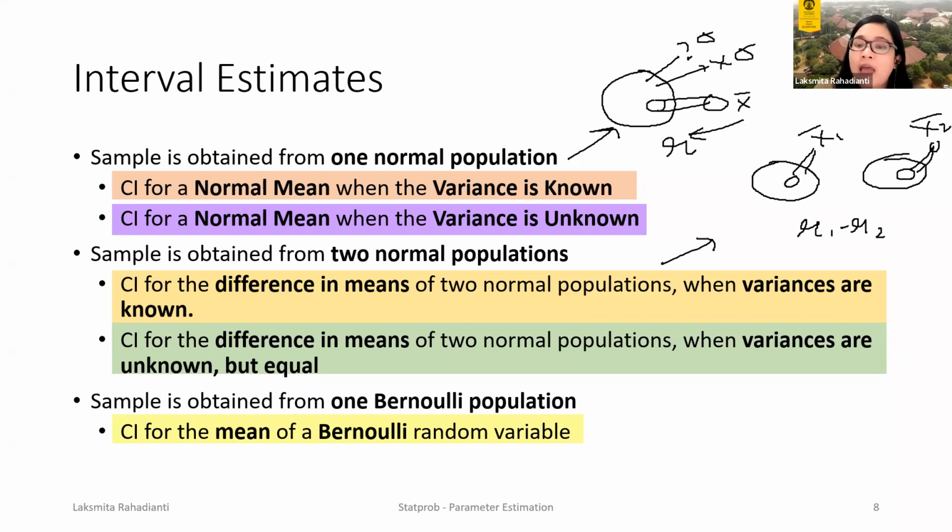There are also two things that I have to consider. Either I know both standard deviations, or I do not know them, in which case I will take an estimate. This illustrates these two cases, which I color-coded in yellow and green.